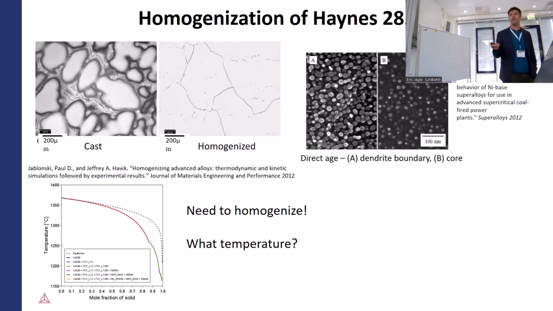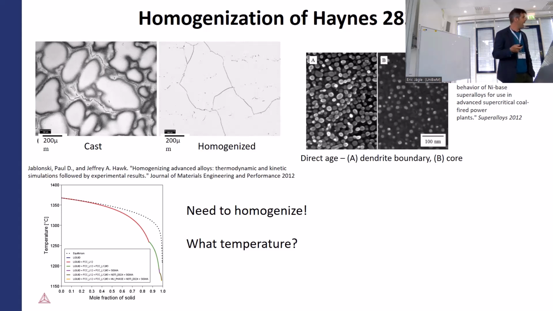So you know that you have to be below this final solidification temperature, which is significantly below the equilibrium solidification temperature. You know you have to be below this because you don't want to melt your material, right? So that's the first use of this Scheil curve.